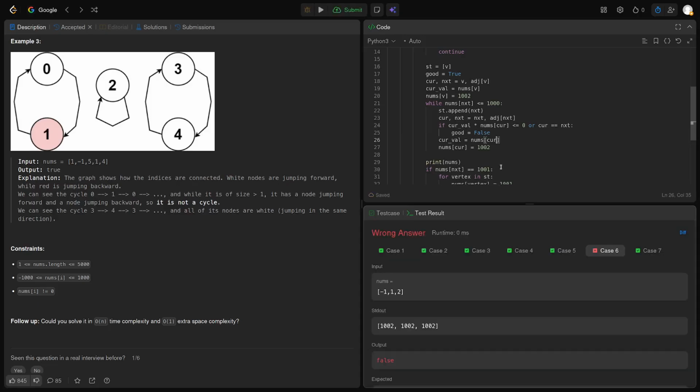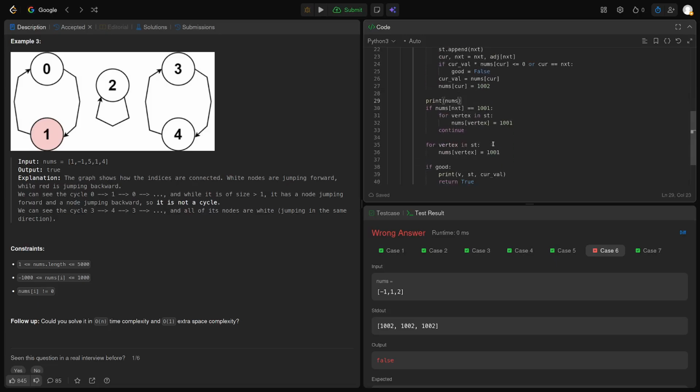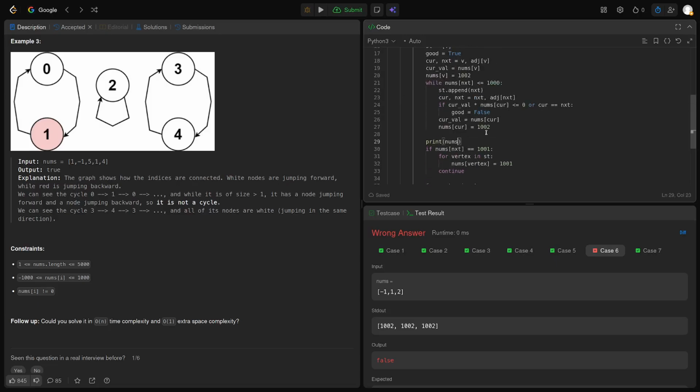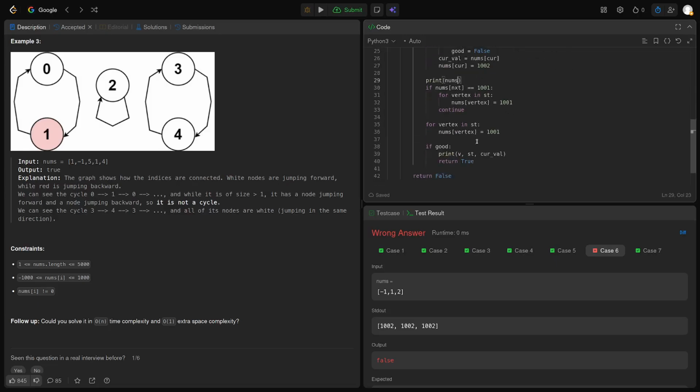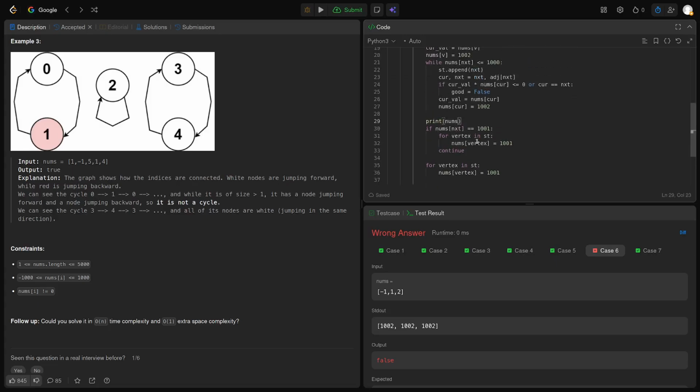Okay, one case missing, so let's find out why. I'm so brain-dead that I cannot think of a way how to do this.